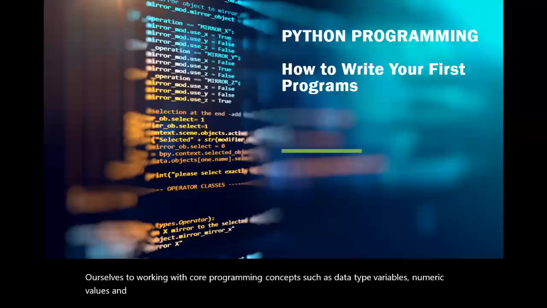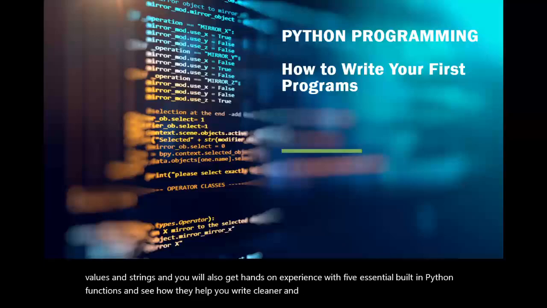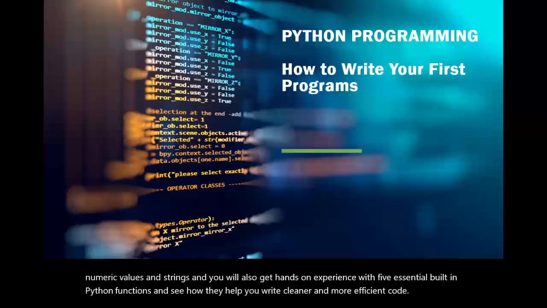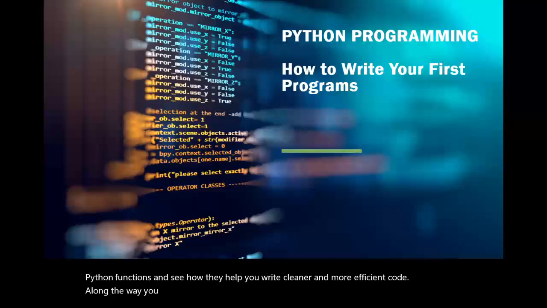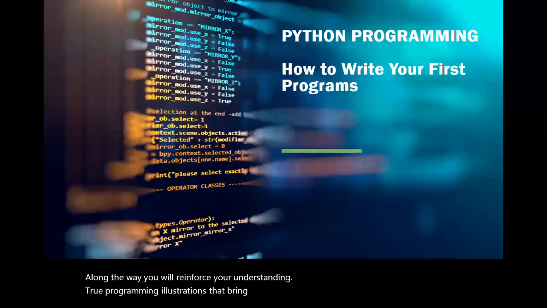You will also get hands-on experience with 5 essential built-in Python functions and see how they help you write cleaner and more efficient code. Along the way, you will reinforce your understanding through programming illustrations that bring each concept to life.